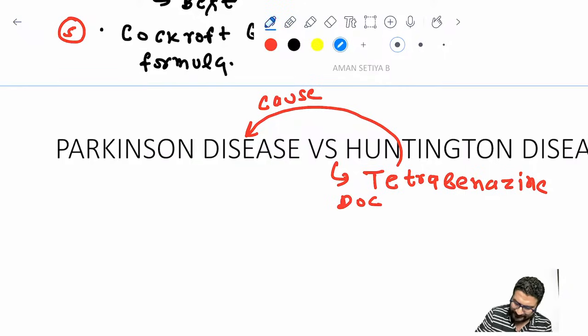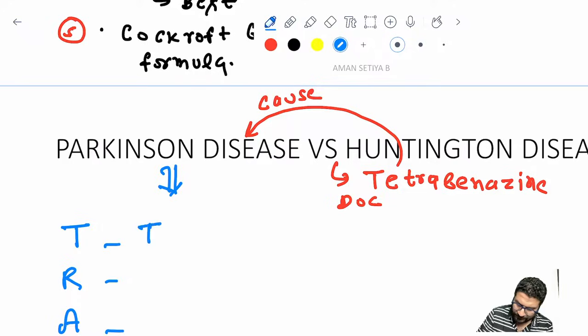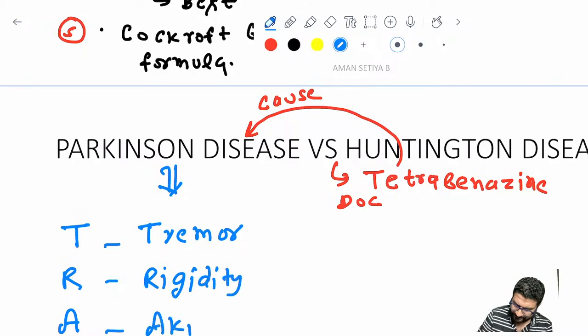So Parkinson disease will have typical classical features. These features are tremor, rigidity, akinesia, and postural instability.